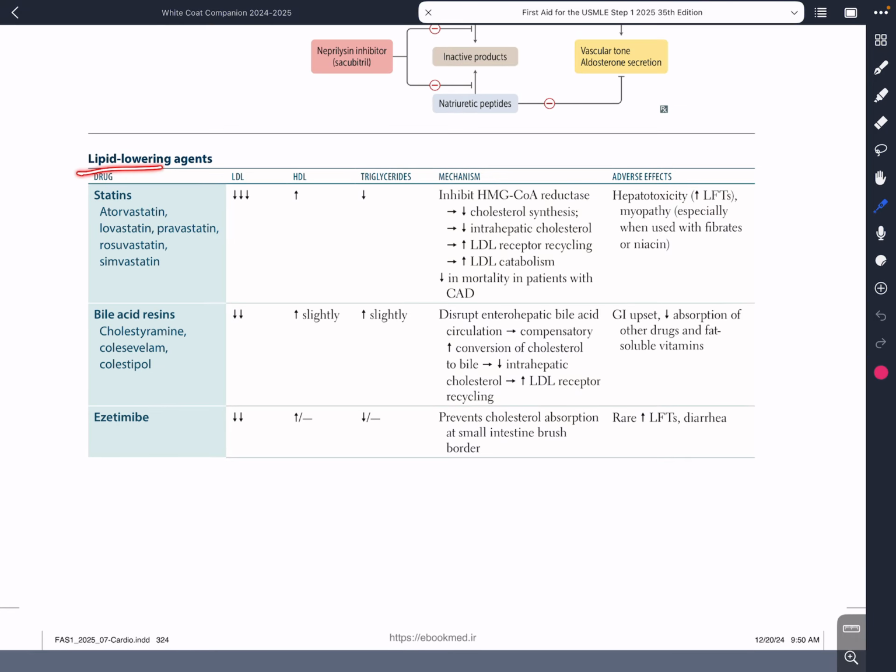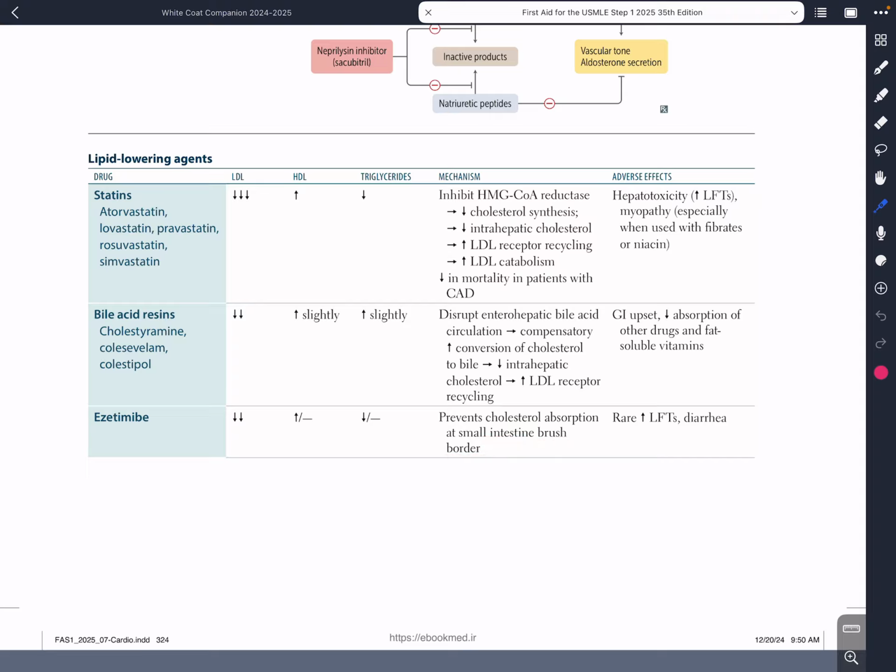Next lipid lowering agent is ezetimibe. Ezetimibe lowers LDL, increases HDL, and also decreases triglycerides. The mechanism of action of ezetimibe is that it prevents cholesterol absorption at the small intestine brush border.